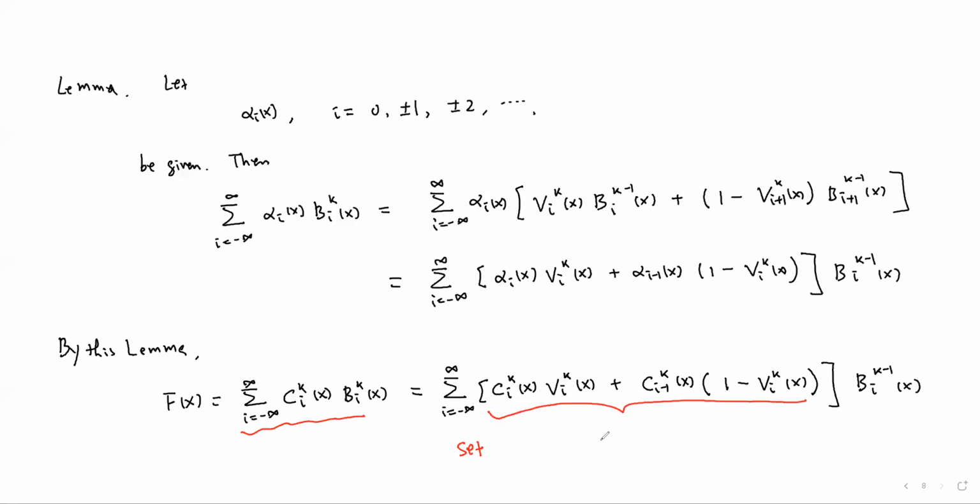Now I denote this part as c_{i,k-1}. In other words, define c_{i,k-1}(x) as c_{i,k}(x) V_{i,k}(x) plus c_{i-1,k}(x) (1 minus V_{i,k}(x)).